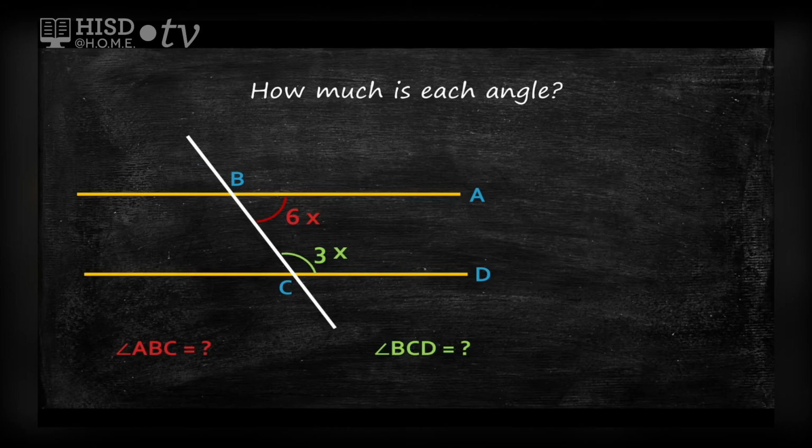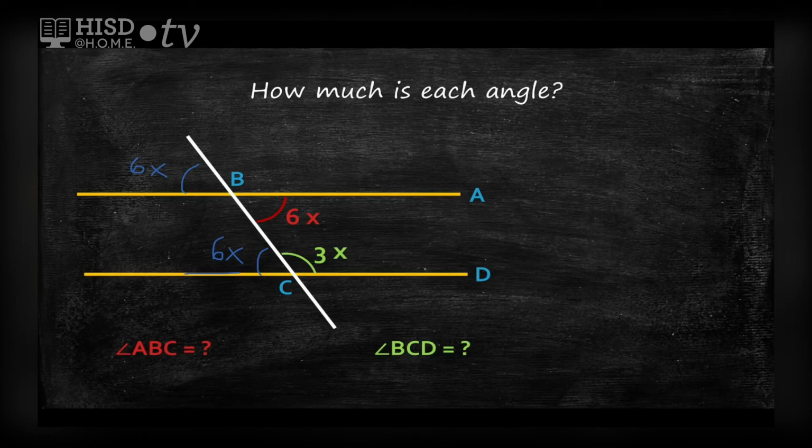So as we know from our previous learning, these two angles right here are actually supplementary angles, because remember that this angle right here is also 6x, and since this is a corresponding angle to this one over here, then that means that this is also 6x.